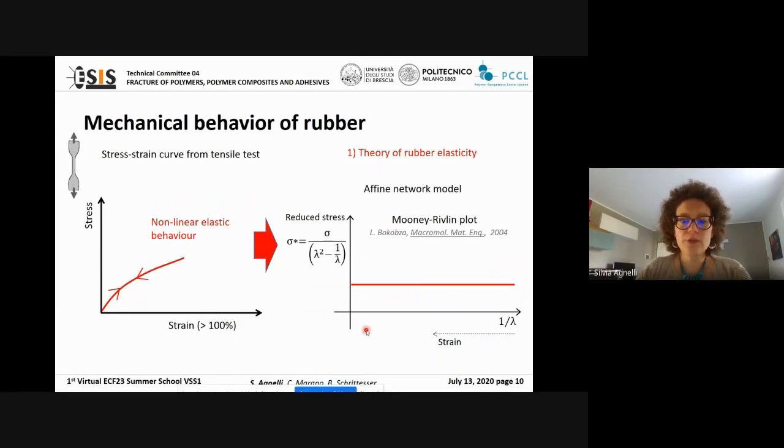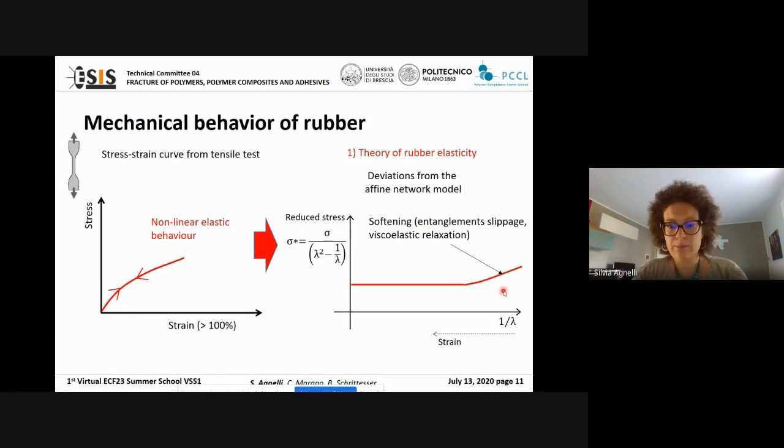A more convenient way to plot this equation is to use the Mooney-Rivlin plot. When the material follows this model, then the reduced stress is constant with the strain. However, the nonlinearity can be further increased by softening, for example, which is due to entanglement slippage or viscoelastic relaxation.